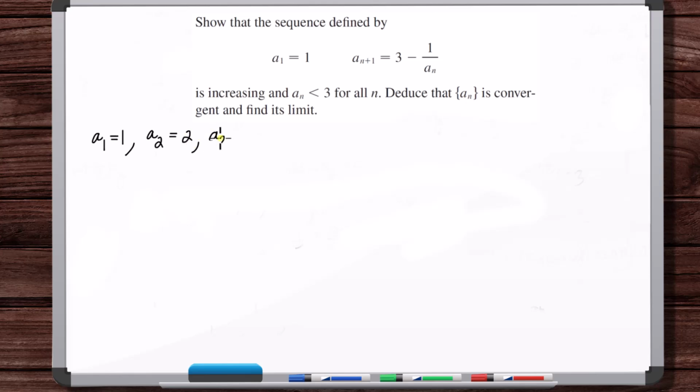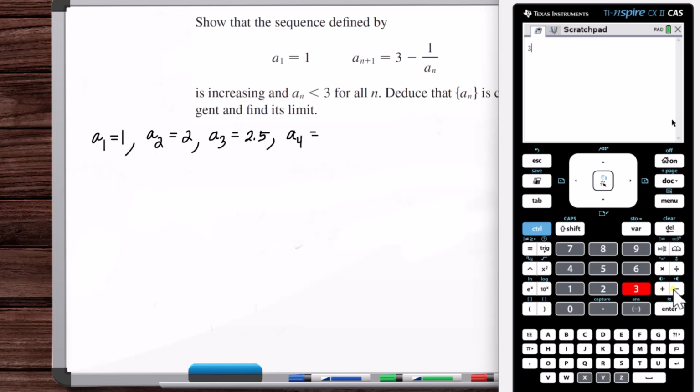A sub 3 is 3 minus 1 over a sub 2, 3 minus 1/2, which is 2.5. A sub 4 is 3 minus 1 over 2.5, which is 2.6.